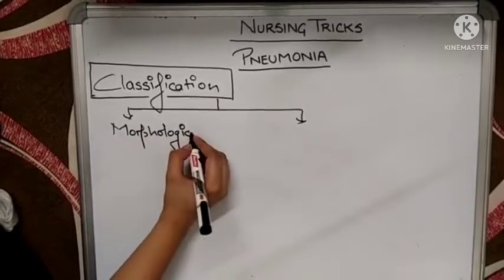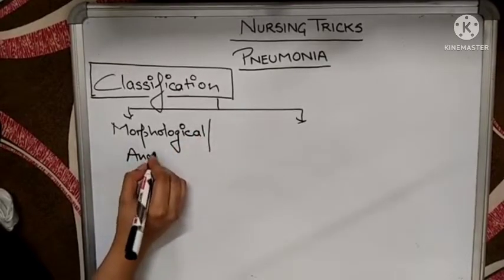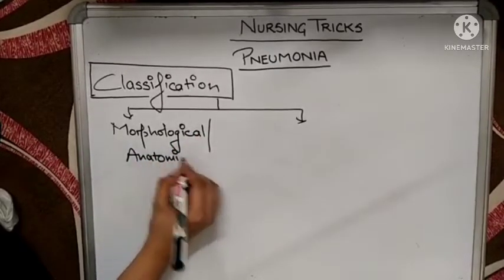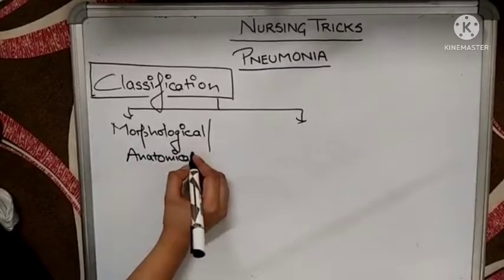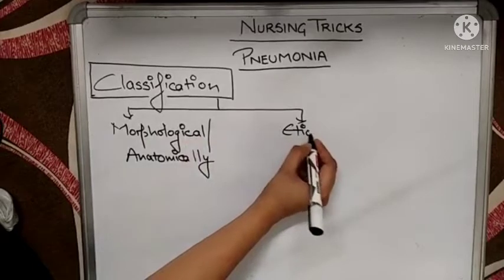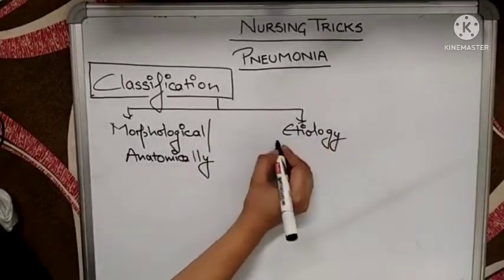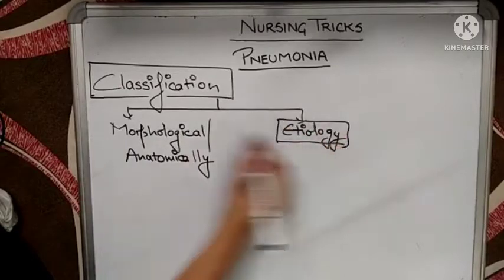Now what is morphology? Anatomically also you can classify. The other substitute word for this is anatomically, or you can classify it on the basis of the causative organism or the etiology of pneumonia.